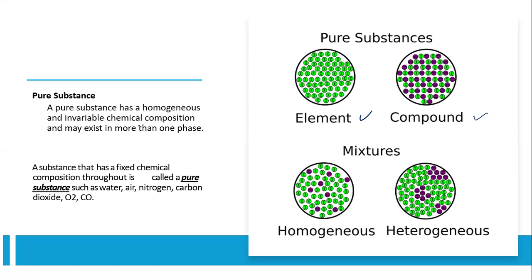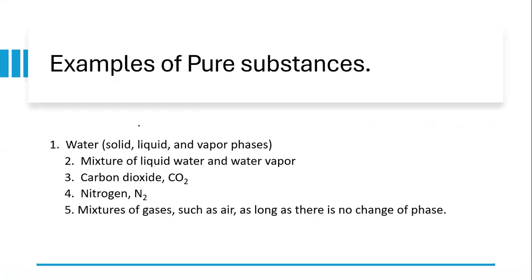Okay, so now I want us to look at examples of pure substances. The first example is water. Water is a pure substance. We're talking about solid water, liquid water, and the vapor phase of water. We're still looking at a pure substance.